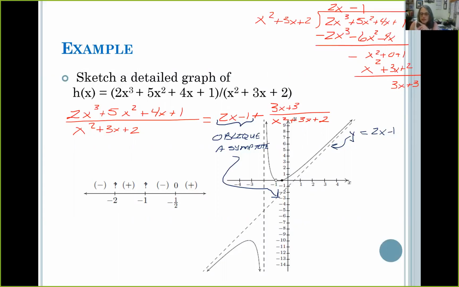Why doesn't it show up as a vertical asymptote? It has to do with the fact that this thing factors. When I did this division, it turns out that this is 3 times (x + 1) over (x + 1) times (x + 2). So that -1 goes away.